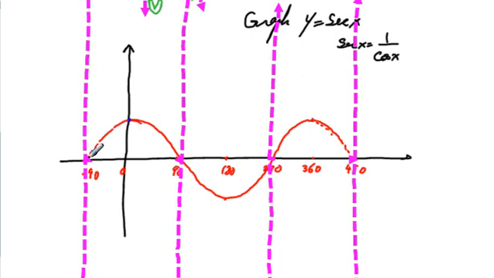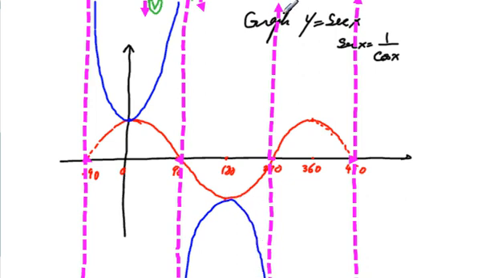When I hover towards 0 in positive territory, it pulls me all the way up to infinity. Here everything is going to be negative. This negative 0 sends me down to negative infinity. Here, same thing. So y is equal to secant of x.